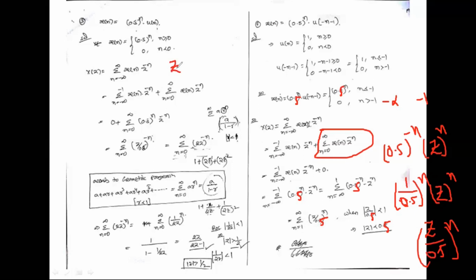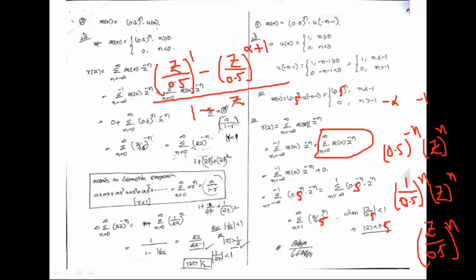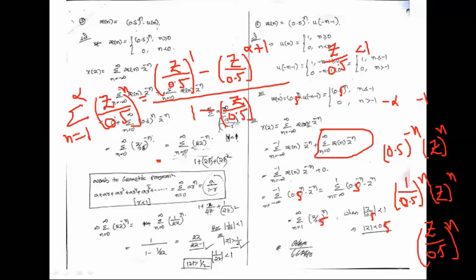So (z/0.5)^1 minus (z/0.5)^(infinity+1), divided by 1 minus z/0.5. The condition we have is that |z/0.5| is less than 1, when it is in the form of the sum from n equals 1 to infinity of (z/0.5)^n. So you can simplify: z/0.5, because 1 minus anything to the power infinity is 0, divided by 1 minus z/0.5.